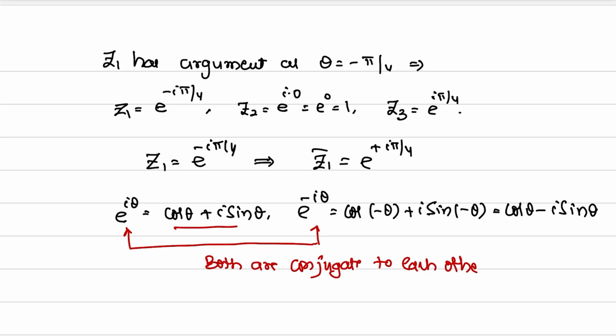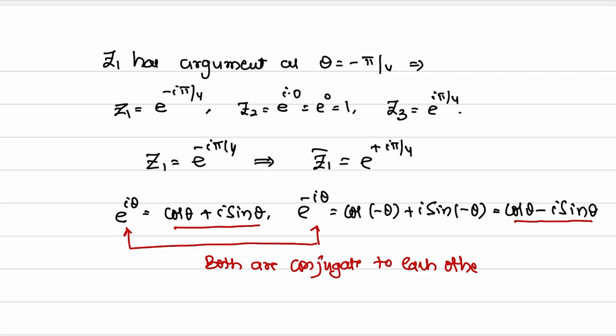Here it is cos theta plus I sin theta, here it is cos theta minus I sin theta. If x plus iy is one complex number, then x minus iy is the conjugate. Cos theta plus I sin theta is one complex number, and cos theta minus I sin theta is the conjugate of that. That means if e to the power of I theta is a number, e to the power of minus I theta is the conjugate of that number.